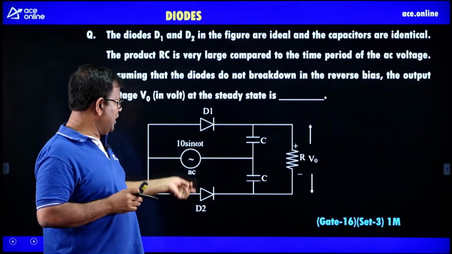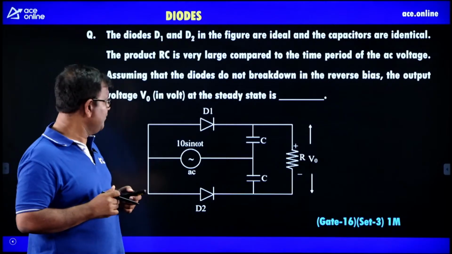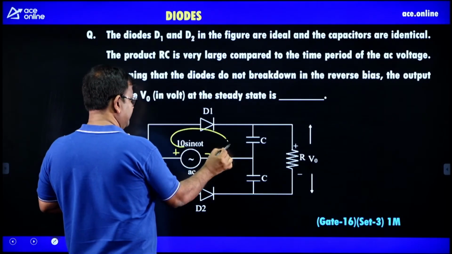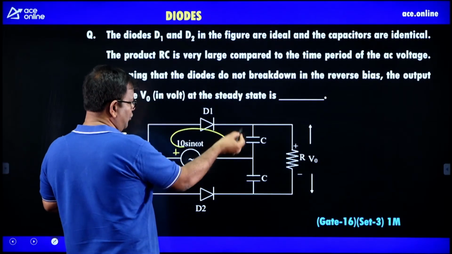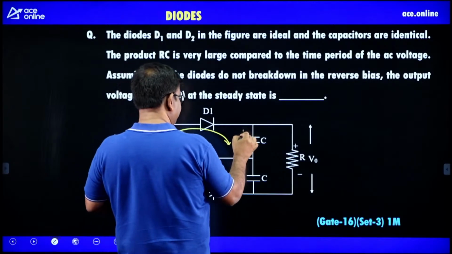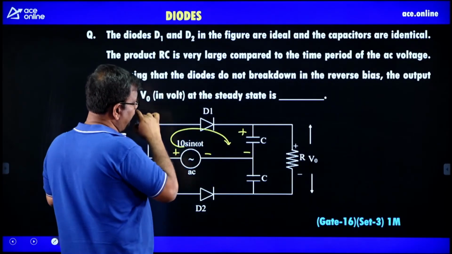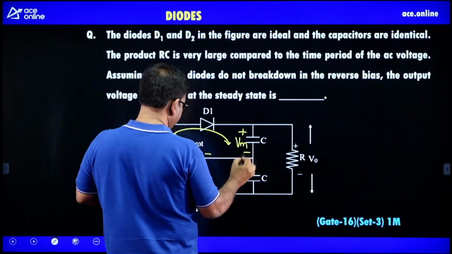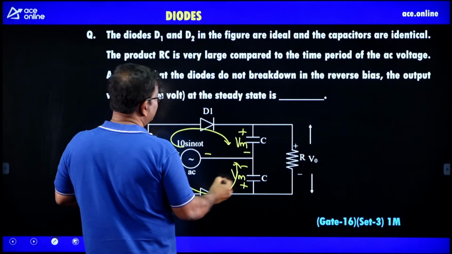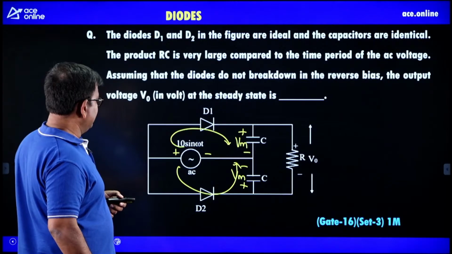So he has given two diodes here. This is a previous GATE problem. So you can see, say during positive cycle, the diode is on and we know the polarities of the capacitor will come with the direction of current. Say the capacitor charges to some peak value here, Vm, and it charges to the peak value Vm here, assuming the diodes are ideal, right?